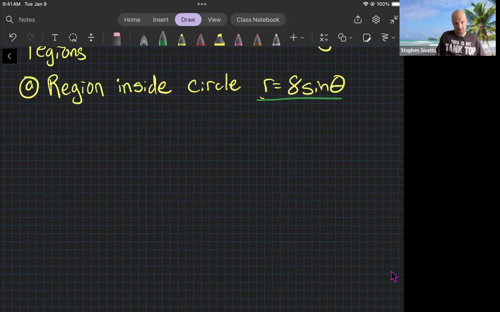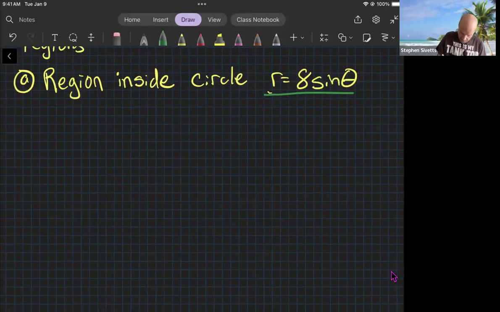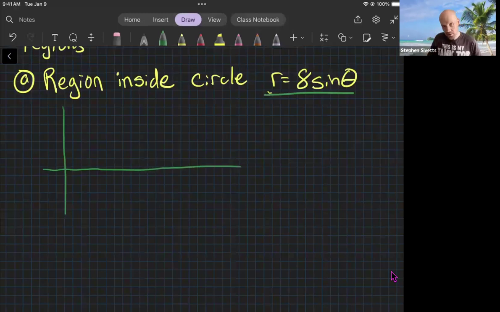All right, I guess you had time. Let's actually go over how we would formulate this. So the thing is, we want to draw out first the usual sine or cosine curve of 8 sine theta, right? So part of that is recognizing what the amplitude is, what the period is, right?